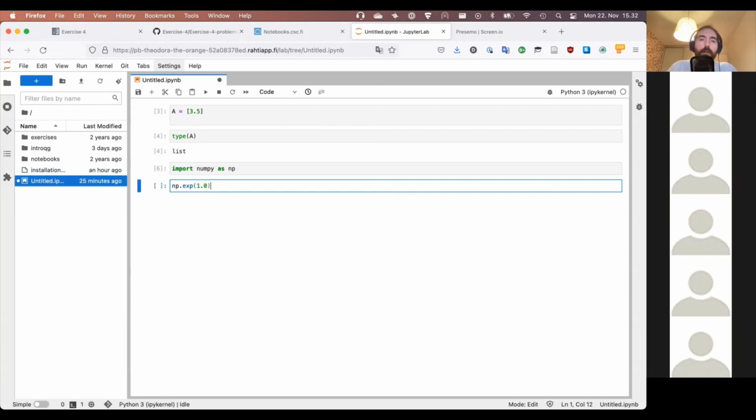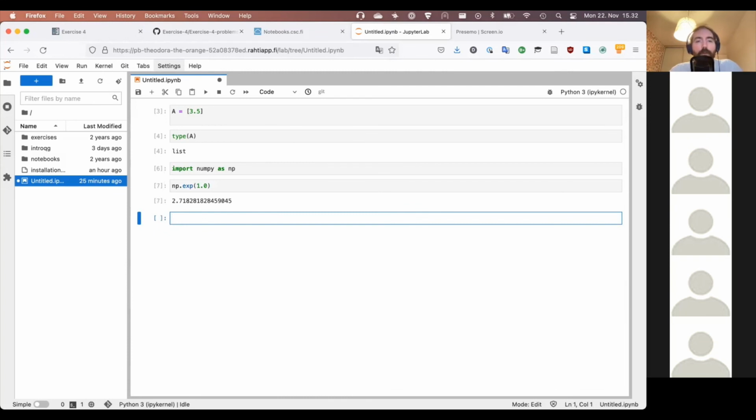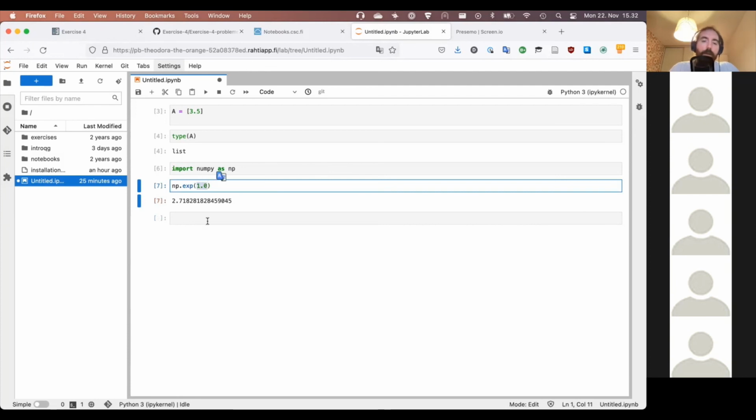So if we take exp of 1, we get 2.71 and so on. That's the value of e. If we do e to the 0, of course, we get 1 back. So it's np.exp in order to calculate the exponential value of something.